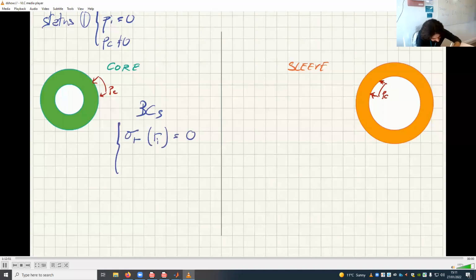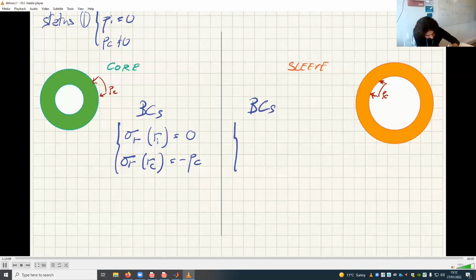And sigma r at the interface is minus PC, which is minus 20. I'm not using numbers yet, I'm just saying, let's do this. And the BCs here are sigma r at the interface is of course minus PC, and sigma r at the external face is 0.